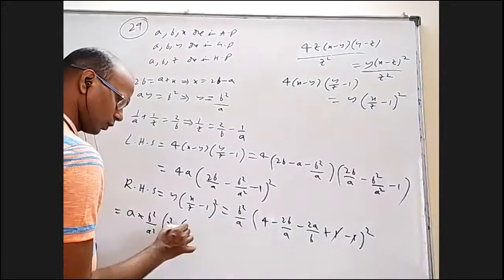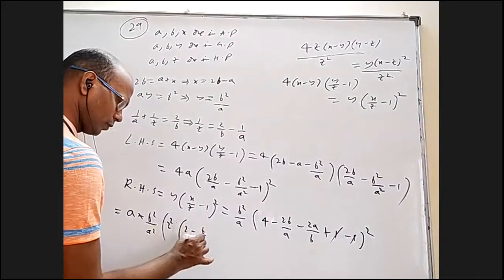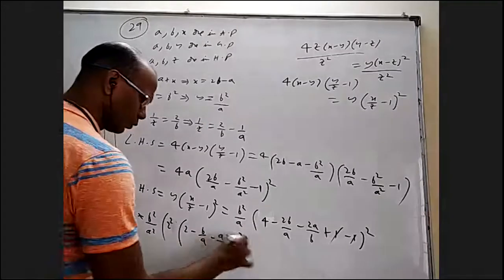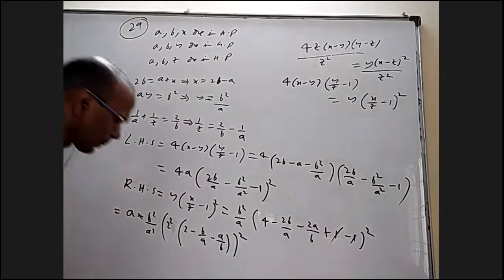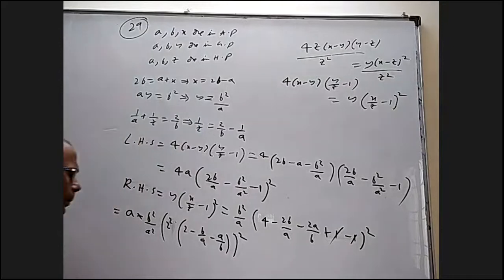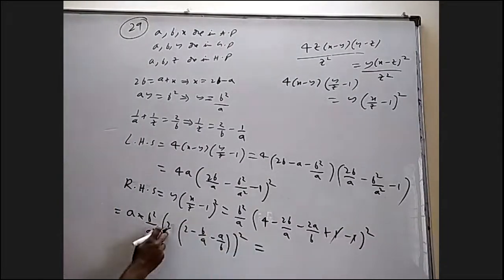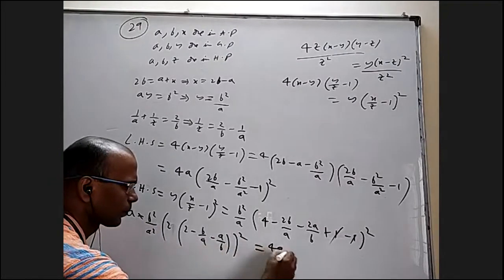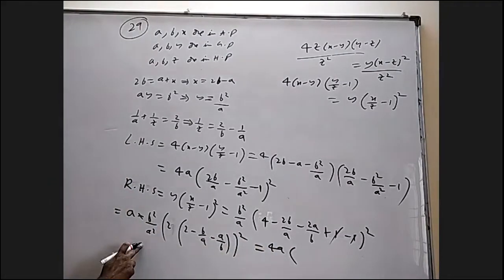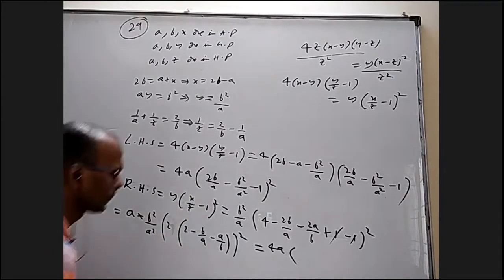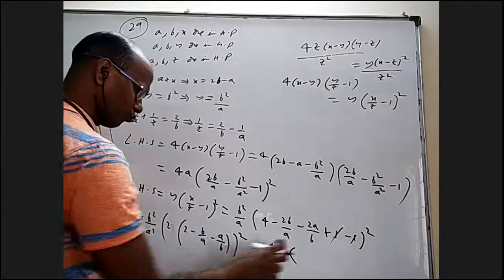I'll be left with 1, 2 minus b by a minus a by b whole. This 2 square is 4 and it will become 4a. And I would have taken LCM here and put both equal, also good. Then trying to get that. Just a minute.